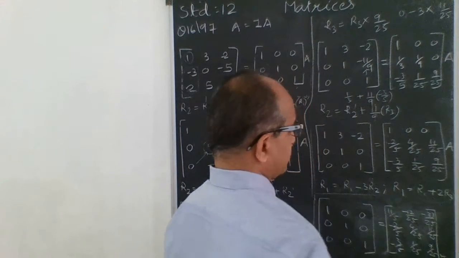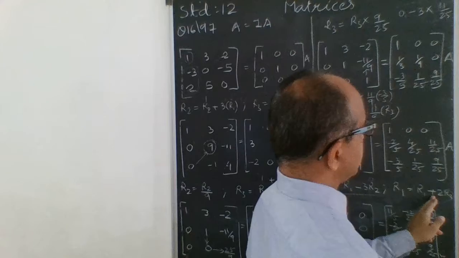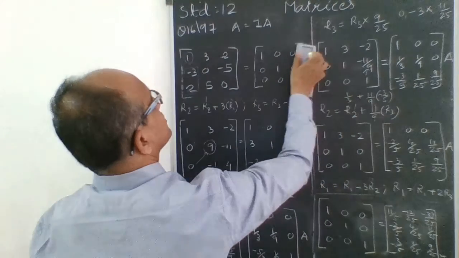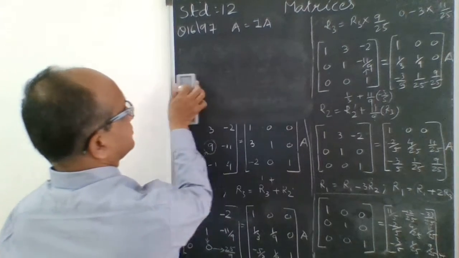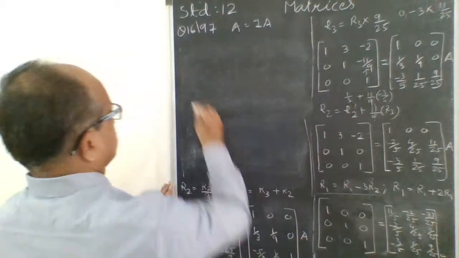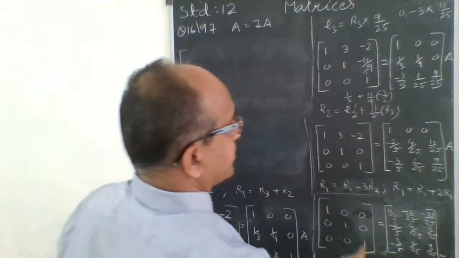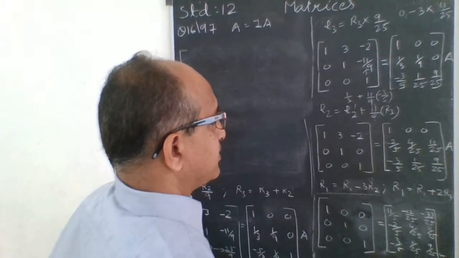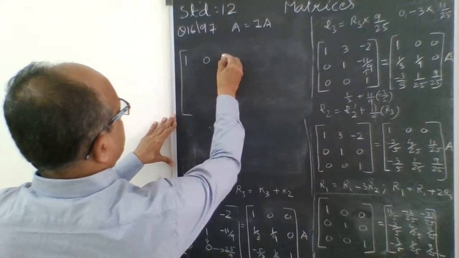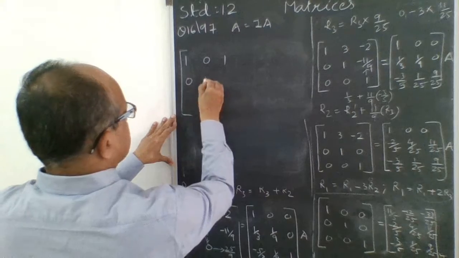Now we have to do this one, R1 plus 2R3. So let us do it here. I will erase this portion. Okay. So here R2 and R3 will remain as it is. So we already got the identity matrix.